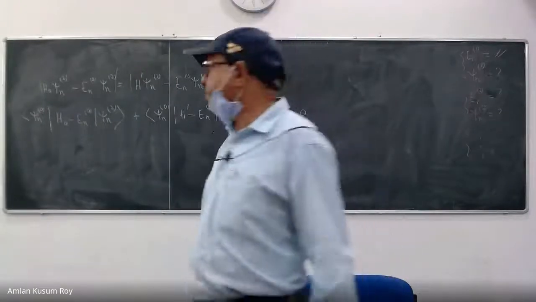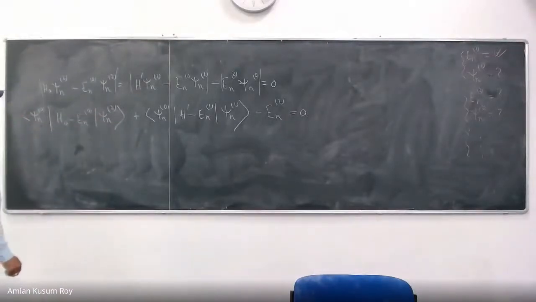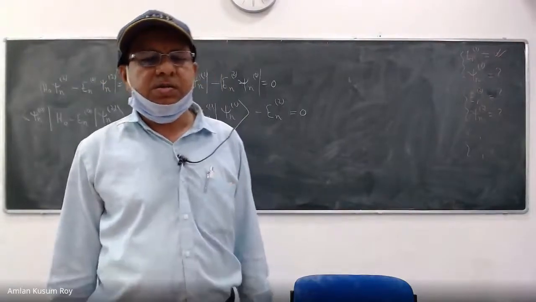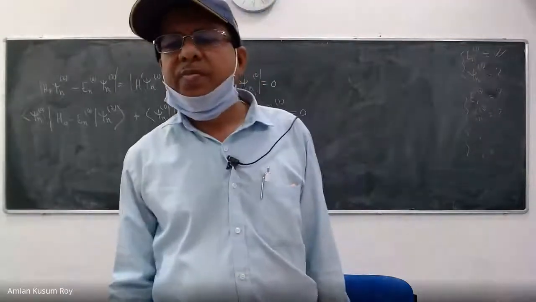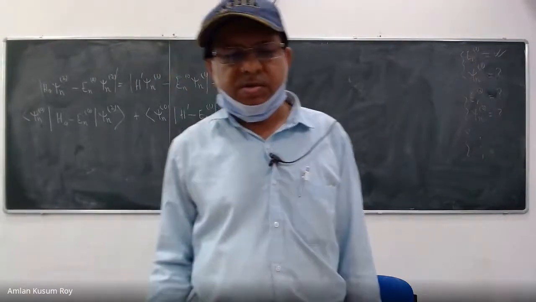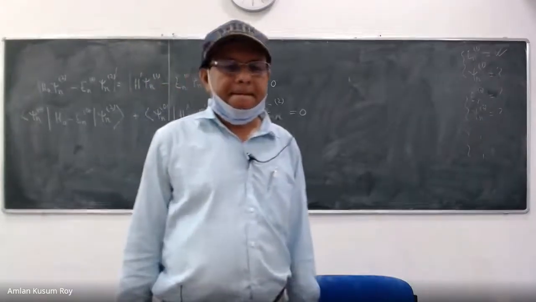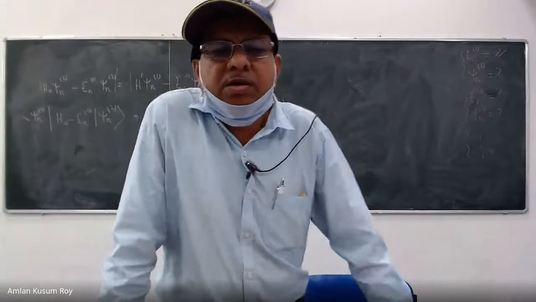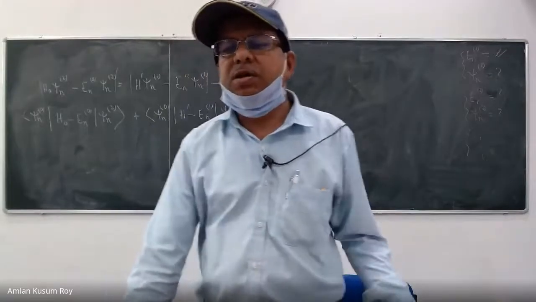How do you simplify this, just like the way we did it for the first order correction? You have to volunteer to answer. It's not good for me to ask somebody all the time, otherwise I have no way to understand what is the mode. Madhur says the first and second terms are 0.